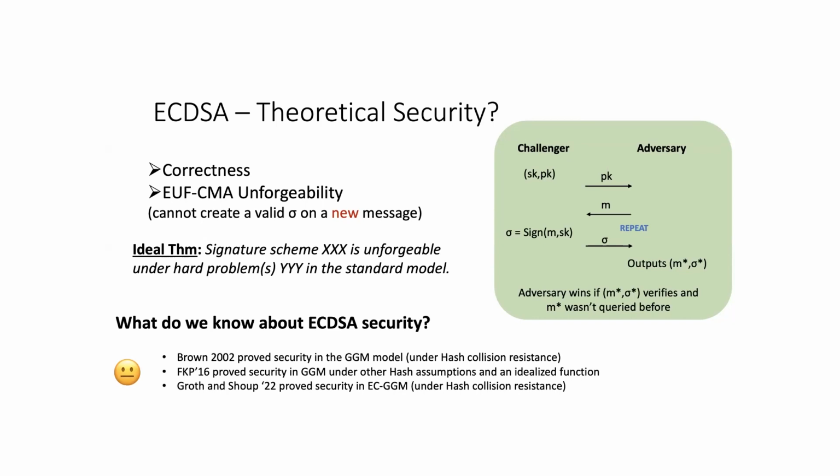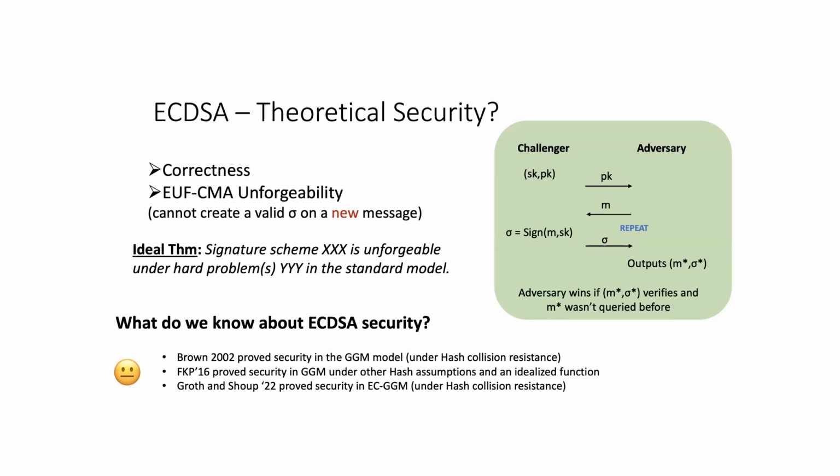So back in 2002, Brown proved security of ECDSA in the so-called generic group model, which is kind of an idealized security model. It's not like a standard model, under hash collision resistance.